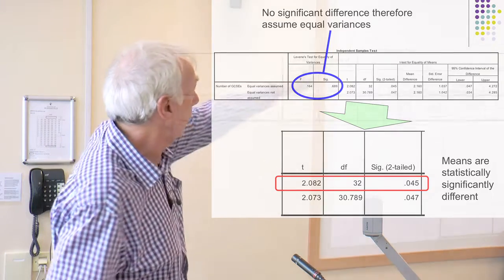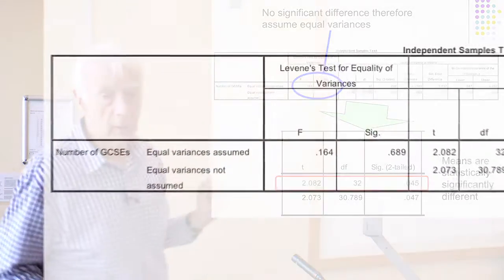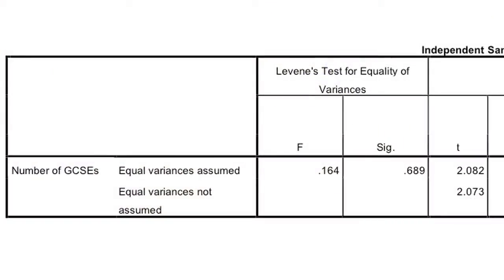And that's what these first two columns here are showing. If you can't read it, it says the Levene test for the equality of variances. And in this case, ignore the F number; the figure here is 0.689, which you probably can't read from halfway back.